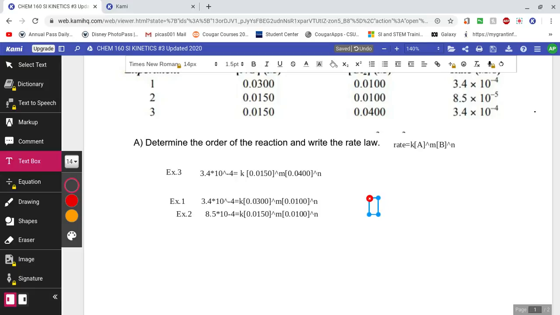We can divide 3.4 times 10 to the negative 4 by 8.5 times 10 to the negative 4. If we do that, we end up getting 4. Nice whole number. Perfect.